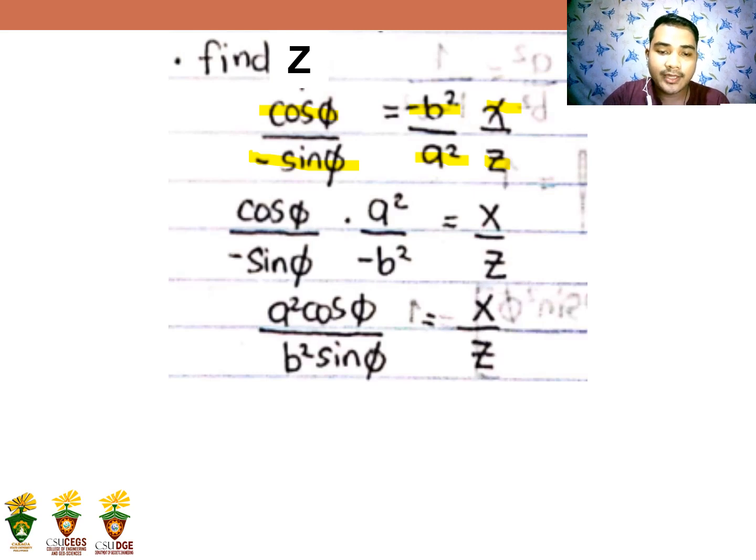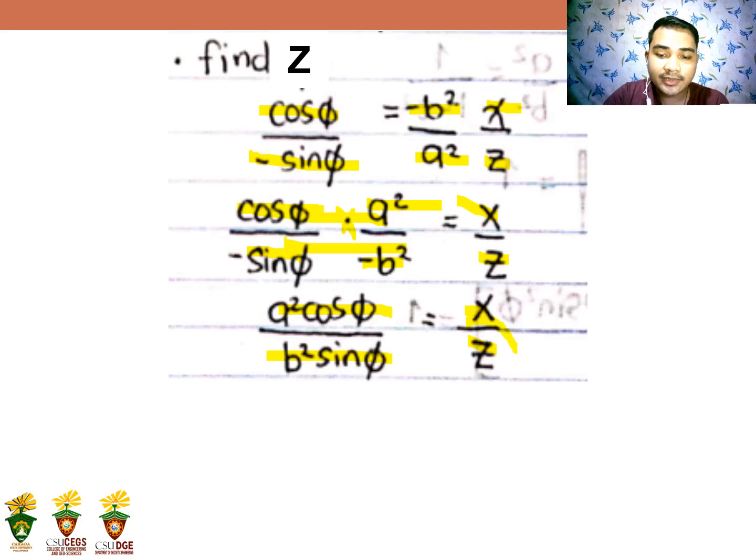So we have cosine geodetic latitude over negative sine geodetic latitude times a squared over negative b squared is equal to x over z. So a squared cosine geodetic latitude over b squared sine geodetic latitude is equal to x over z.